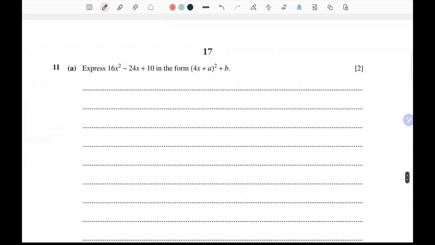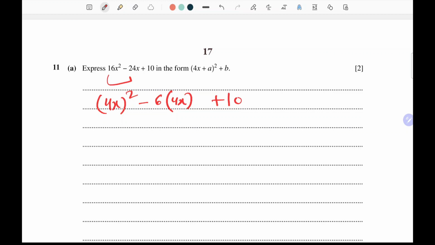Now this is question number 11, and it looks pretty simple now because we have done many questions like that. This is 16x square minus 24x plus 10, so we will combine them together, and we need 4x. So here we can write (4x) whole square minus 6 times 4x plus 10, right?